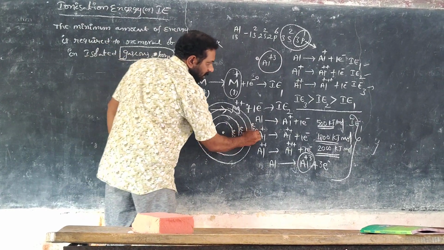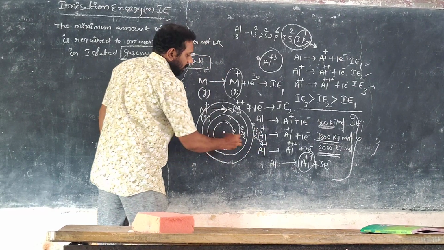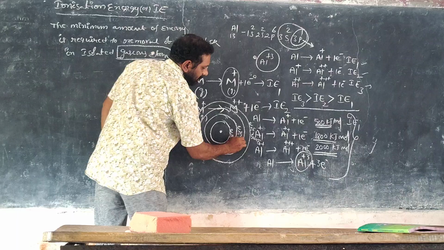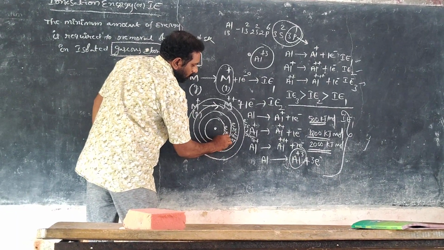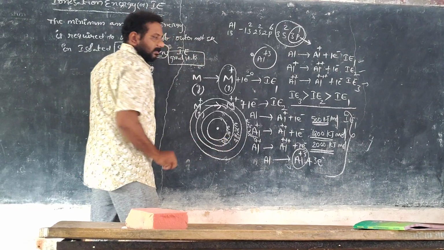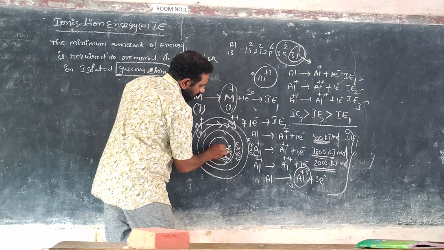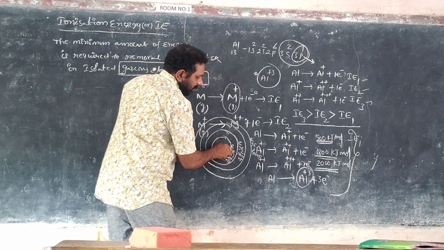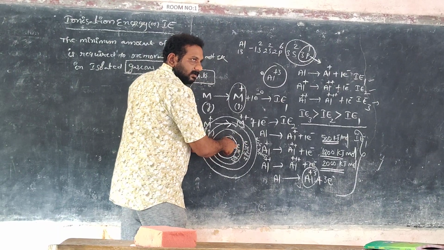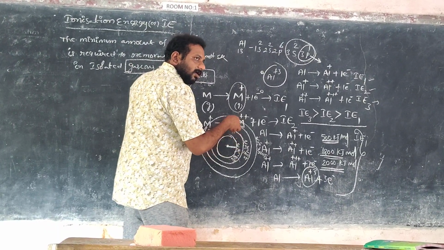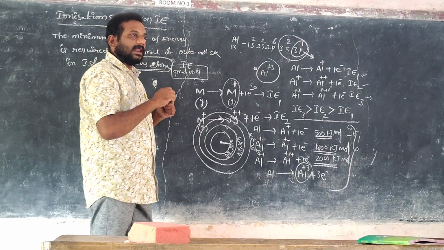IE1 energy is 500 kilojoules, IE2 energy is 1800 kilojoules, and IE3 energy is 2000 kilojoules per mole. The electron is strongly attracted by the nucleus, and because of this strong attraction we cannot easily remove the electron. Okay?